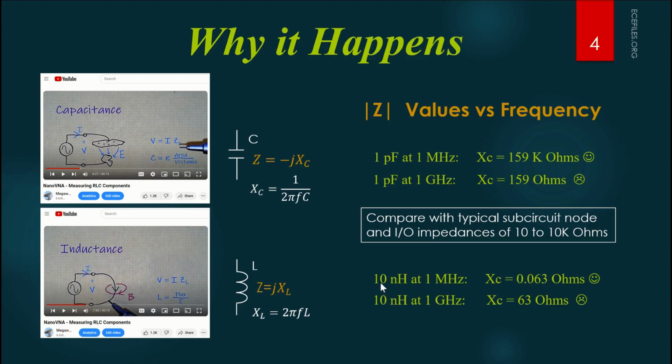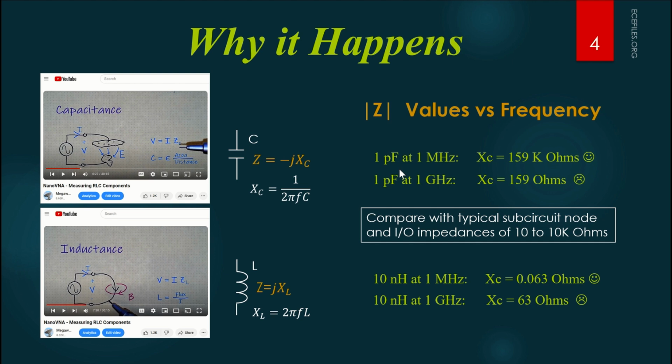So a relatively modest 10 nanohenries is no big deal at 1 megahertz because it's 0.063 ohms. But at 1 gigahertz, 10 nanohenries will be 63 ohms. And again, this is in the middle of the range of component values that we have in our circuit and we're trying to design with, and suddenly there's another one which is not intended to be there. This is why things go wrong.